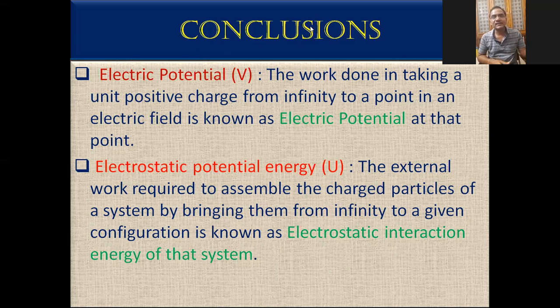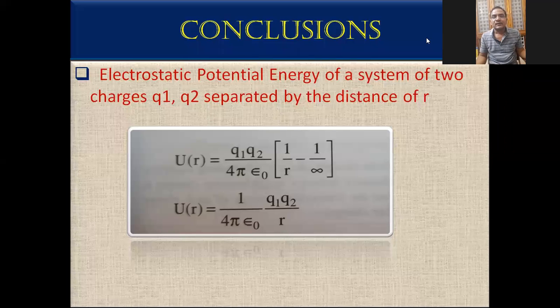Here we discussed two cases. First, the electrostatic potential energy of a system of two charges q1 and q2 at distance r: the potential energy U of r is equal to 1 by 4 pi epsilon naught q1 q2 by r.